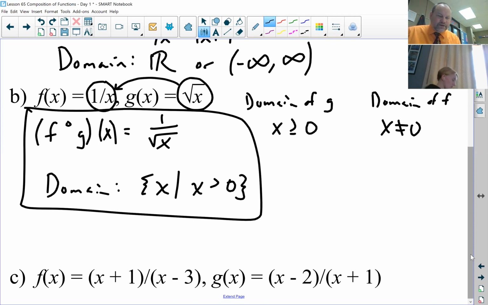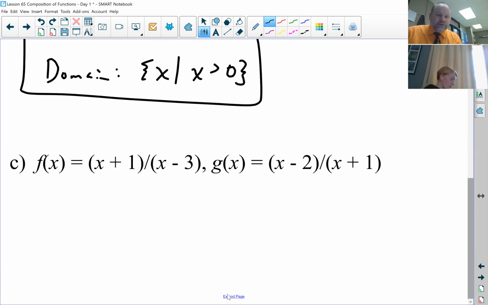All right. Now the fun ones. So we have f of x is a rational function, x plus 1 over x minus 3, and g of x is x minus 2 over x plus 1.